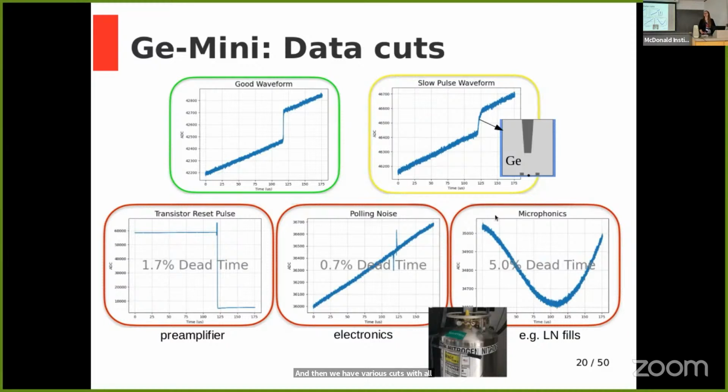There is a last type of event that we did not remove from our first analysis, and this is the so-called slow pulses. Those are physics pulses that are created in the surface layer of the germanium diode. So we need the surface layer because it's a diode. And charges that are created in here need even longer to drift to the readout, and also part of the charges get lost, which is why they are called slow pulses.